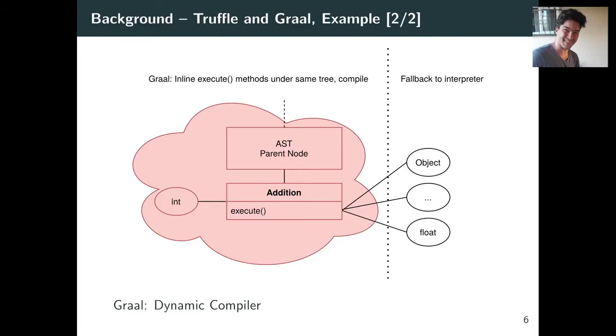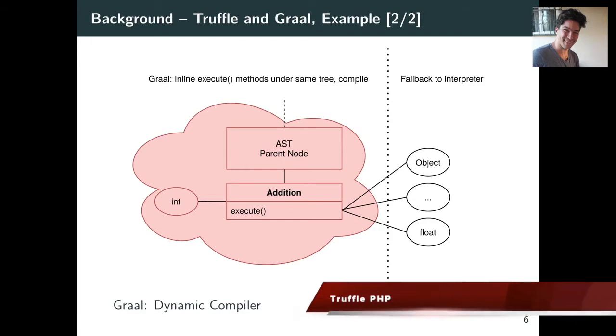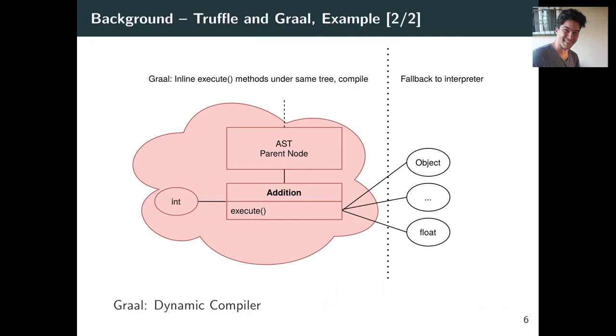We assume that, for instance, in this chunk of AST, the addition is only performed with integer types. And if these assumptions no longer hold, Graal can deoptimize and fall back to the Truffle AST to gather new profiling feedback. One of the key takeaways is that in this inline scope, we no longer have to type check for every single operation, because we assume that, for instance, it is only performed on integer types.